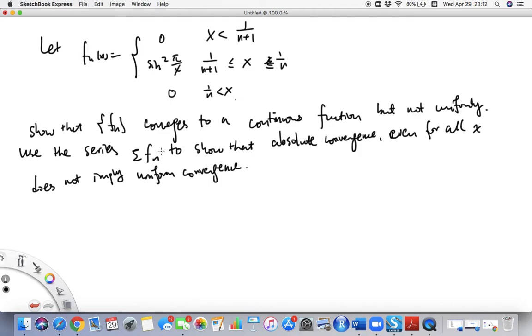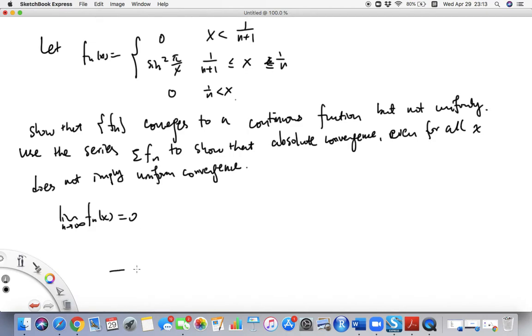So how do we do that? Well, first we show f_n converges to a continuous function. First of all, what's the limit of this function? The limit of f_n(x) as n goes to infinity actually converges to the 0 function.